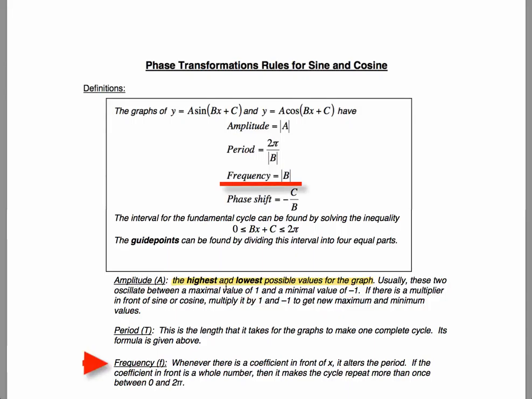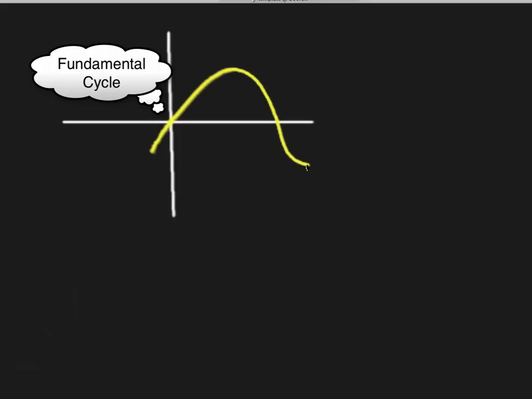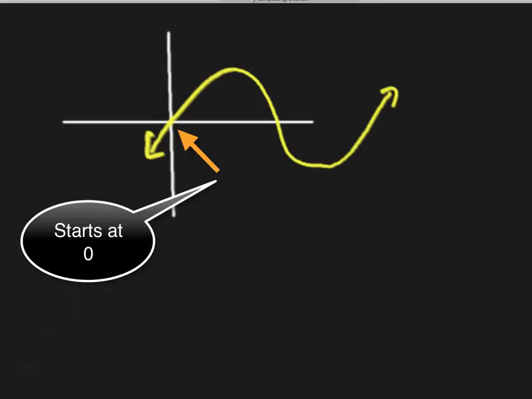Now we have the frequency, which is the number of times a fundamental cycle of sine shows up. What is a fundamental cycle of sine? A fundamental cycle of sine, for instance, is one complete turn of the sine graph. So what does that mean?